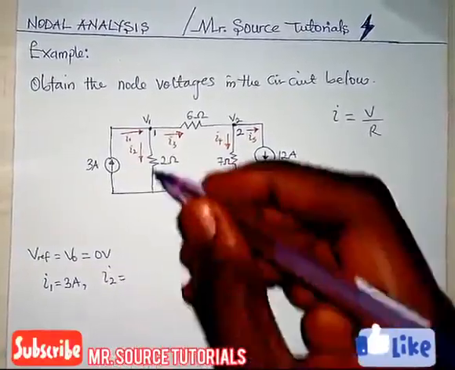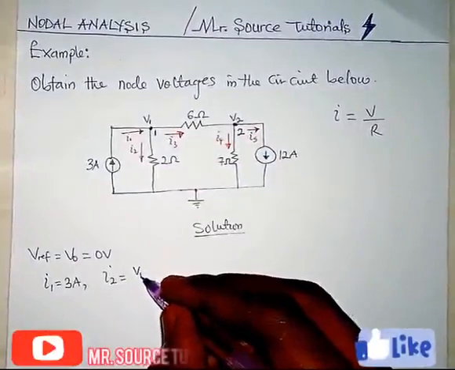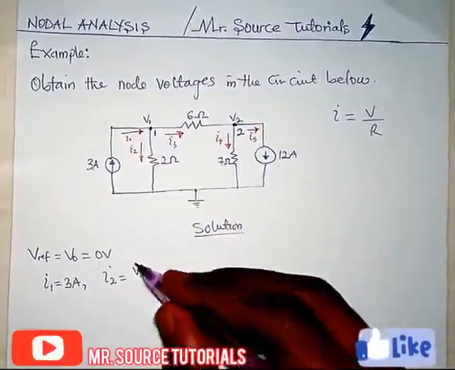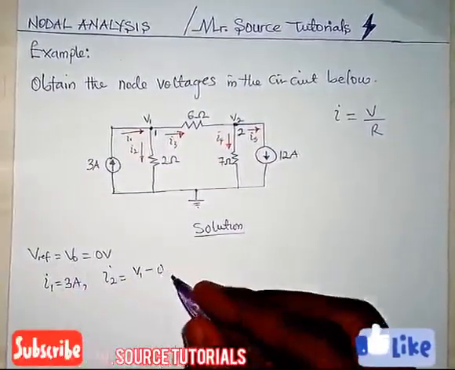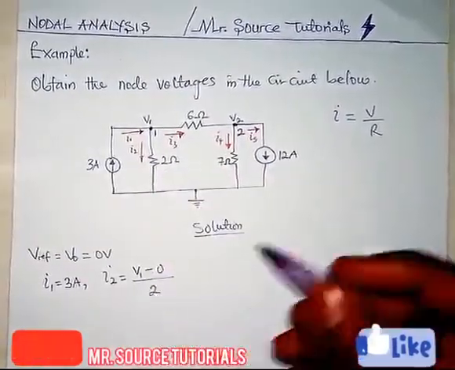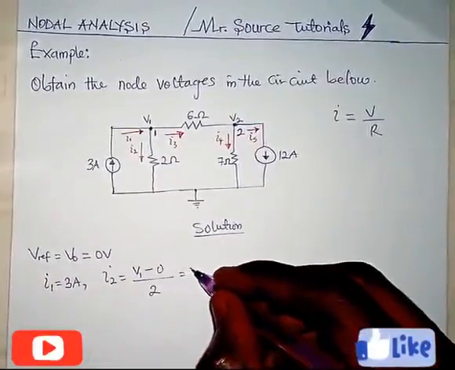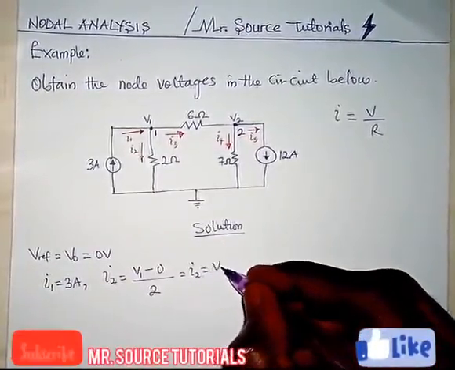I2 can be given by the higher, which is leaving V1, minus the reference node, which is 0, divided by the resistance, which is 2, from Ohm's law. So again, it simply means that I2 is equal to V1 over 2.